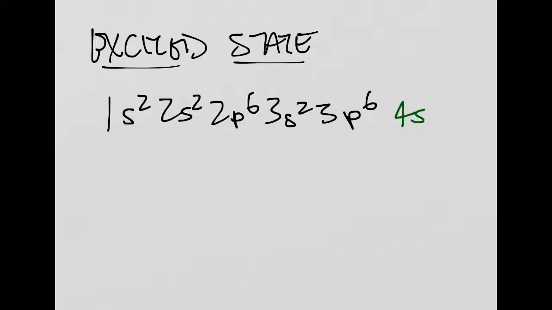If I needed to put another electron here, just a single one, that would complete our ground state electron configuration for, what is this? This is for 19. This is for potassium, if I'm not mistaken.